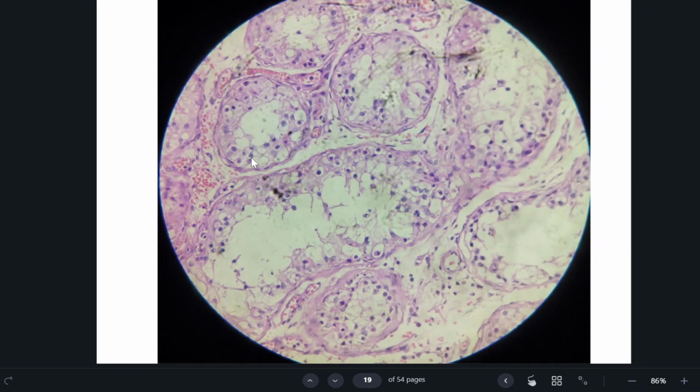Here we can appreciate some spermatogonia. This round blue nucleus and clear cytoplasm, these are spermatogonia. These spermatogonia can become primary and secondary spermatocytes, and they can eventually become spermatids, early spermatids with a slightly bigger nucleus and scanty cytoplasm compared to late spermatids.